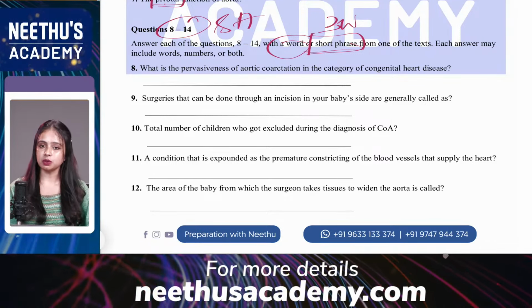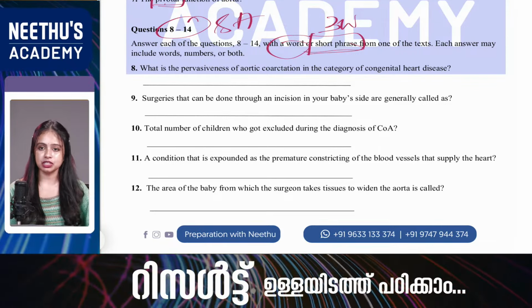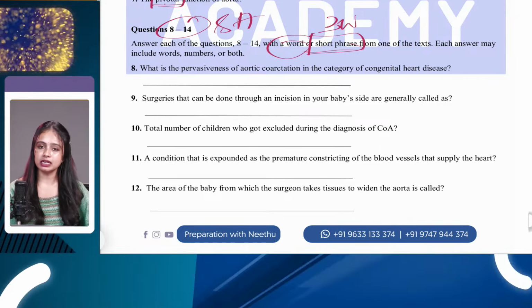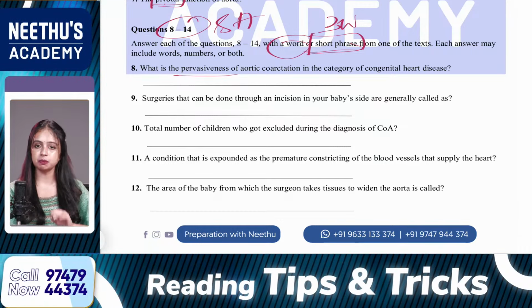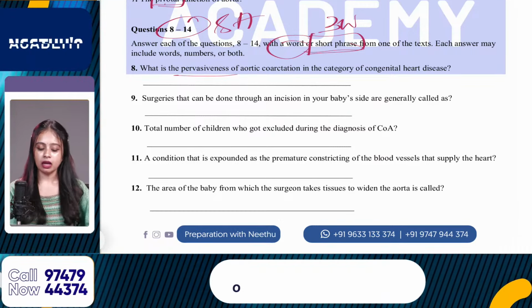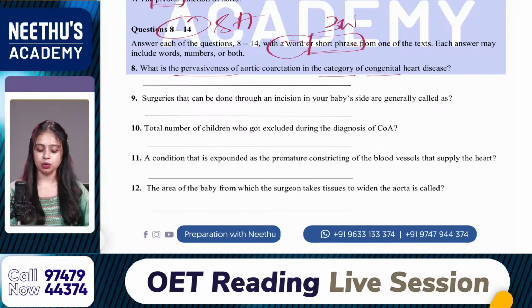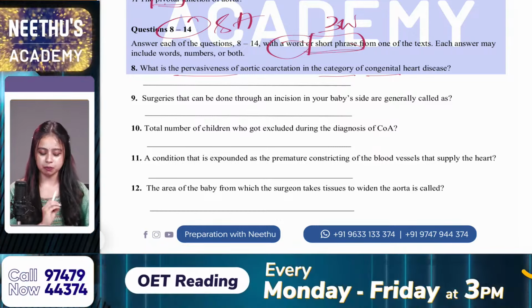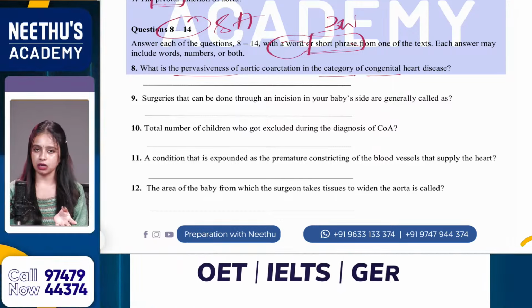So the first question, the eighth one: what is the pervasiveness of aortic coarctation in the category of congenital heart disease? My keywords are pervasiveness, which means the prevalence, then category, congenital. What is the correct answer here? They are asking about the prevalence, the spread of the condition.